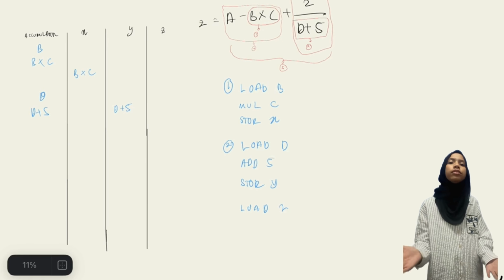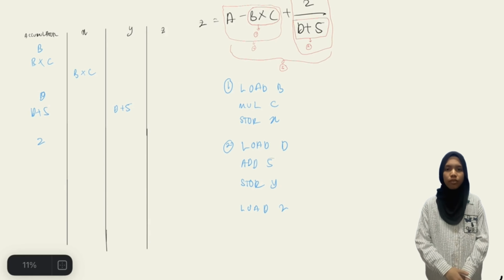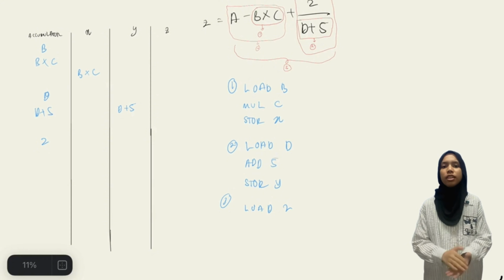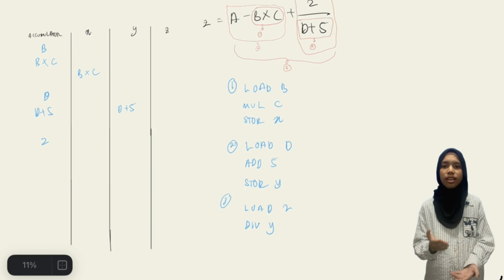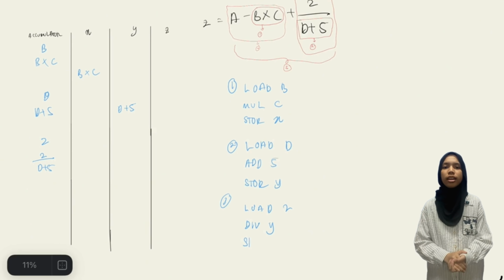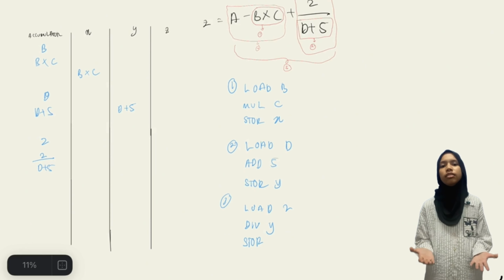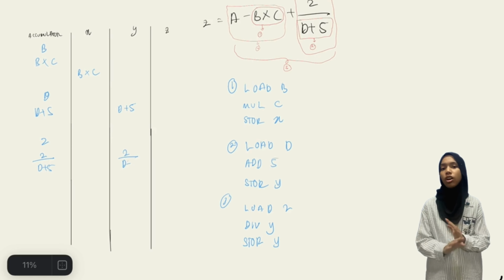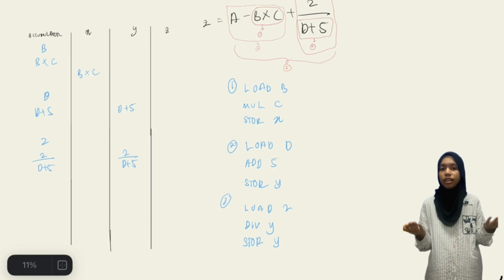Next, we move to the third group. First, load 2, then MUL Y, because we stored D plus 5 in Y in the previous step. After that, store at Y again. I'm storing the new result in Y because the previous value is no longer needed, so we can reuse the same memory location.